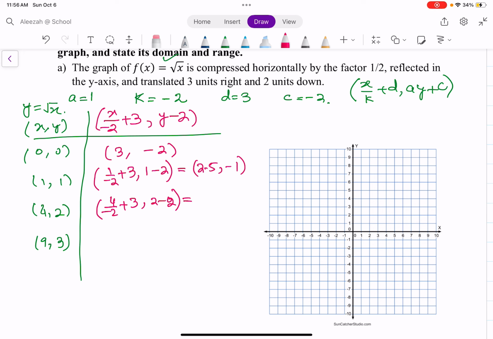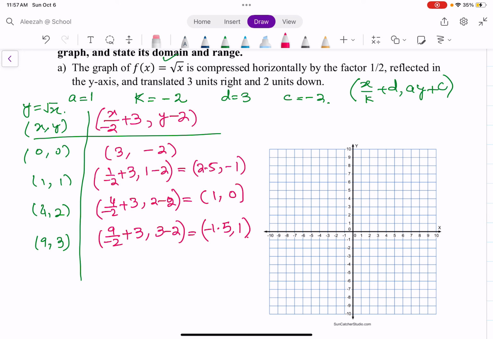So that becomes 4 over negative 2, minus 2, plus 3 is 1 and 0. Then I have 9 over negative 2 plus 3 and 3 minus 2. So that becomes 9 over 2, that is negative 4.5, so that is negative 1.5 and 1. Okay, so these are my new points, right?